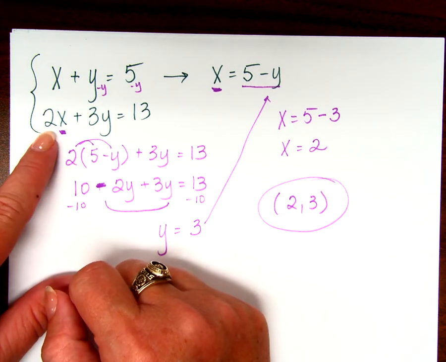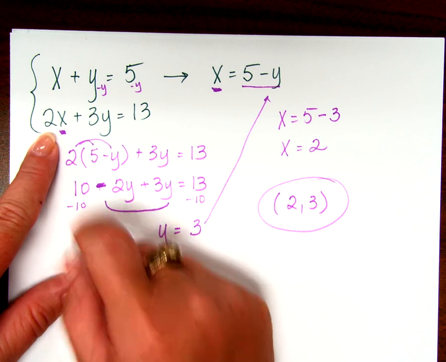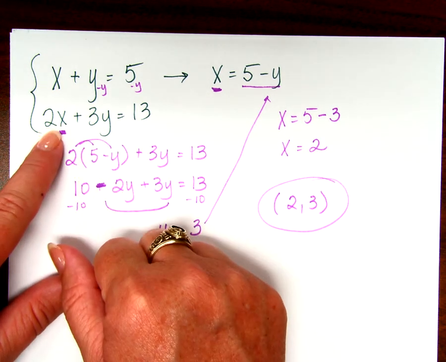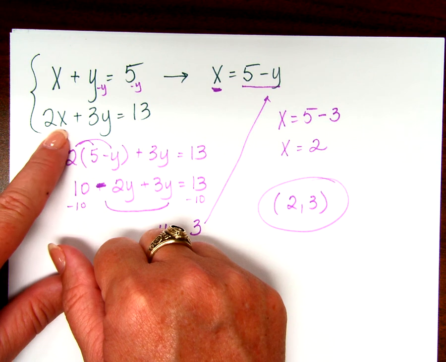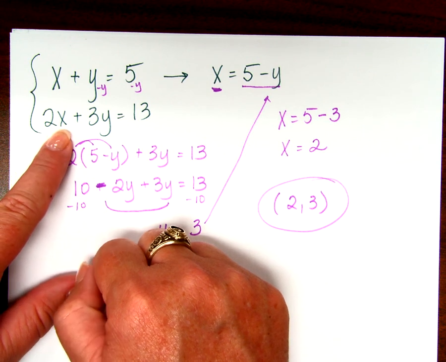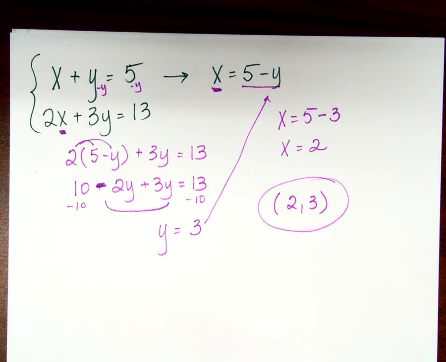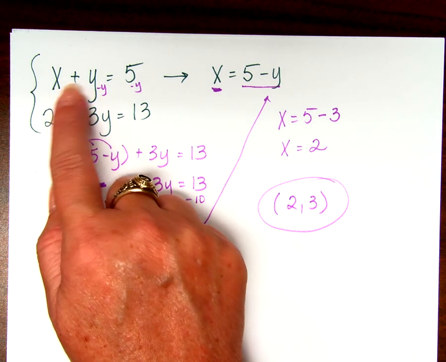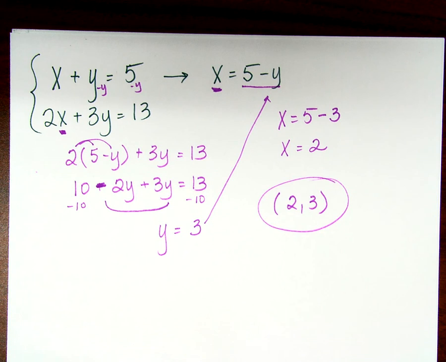I would choose the 2. Right? If this was a 4 and this was a 5 and this was a 3 and this was a 2, I'd probably choose this one. Not the 2, but I'd choose the x to solve for. Right? So sometimes it's a matter of figuring out which variable to solve for first. And sometimes it's a little easier than that because you have easy variables to solve for. Got it? Anybody have any questions?